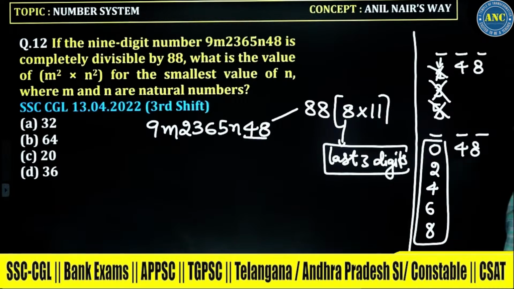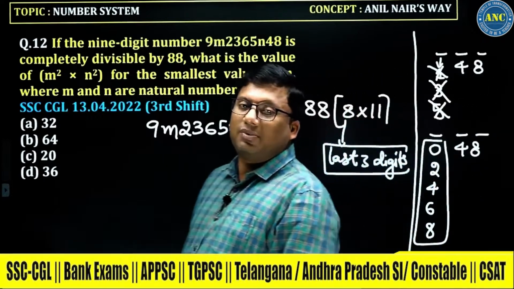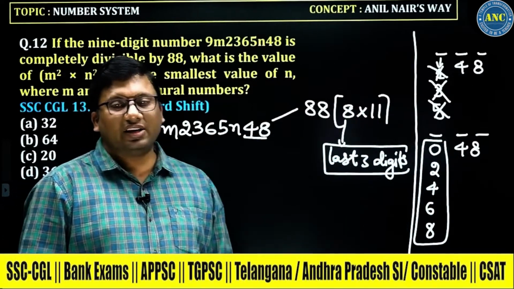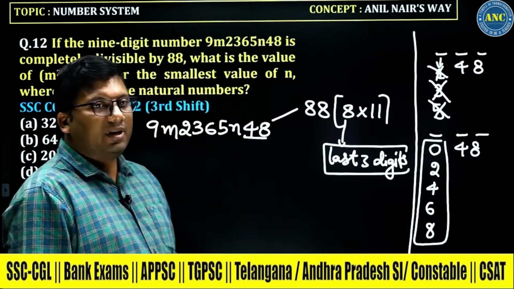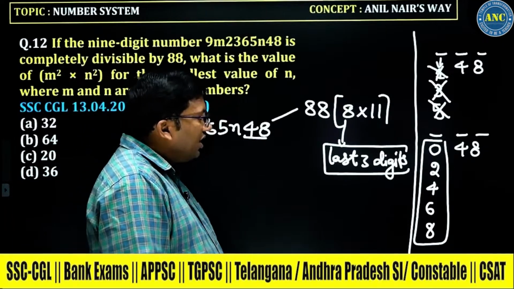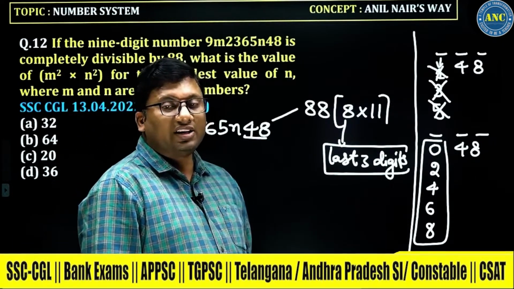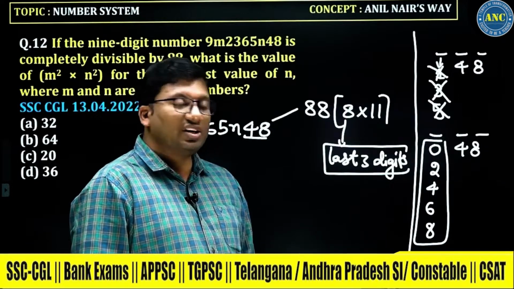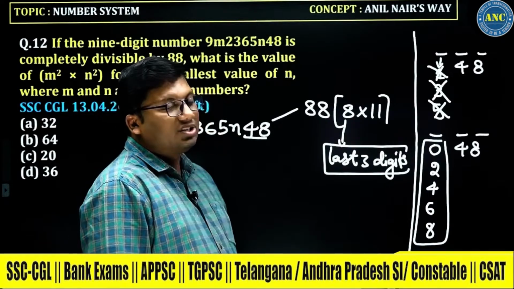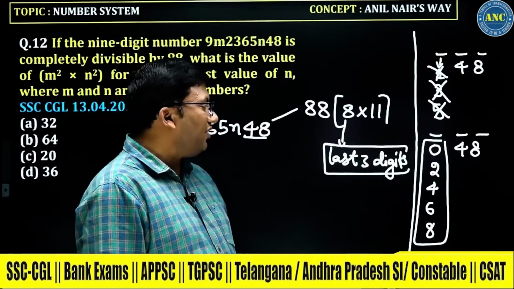048, it is divisible by 8. 248, 8 31s are 248, divisible. 448, 8 56s are 448, divisible. 648, 8 81s are 648. 848, 8 106s are 848.